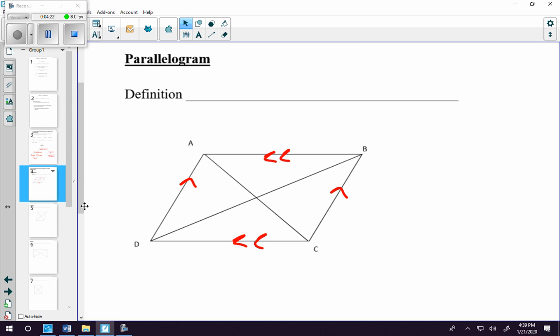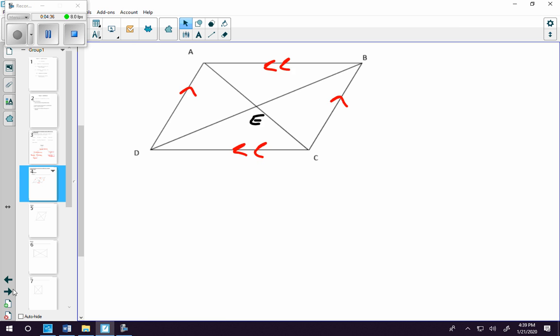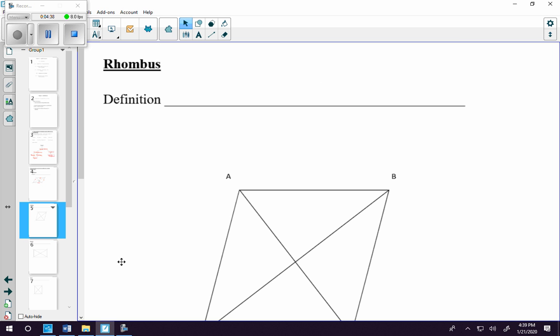Everything else off of a parallelogram are known as the properties of a parallelogram, which we won't get into again. I just wanted to recollect the definition of parallelogram. Quadrilateral in which both pairs of opposite sides are parallel. Moving on to rhombus.